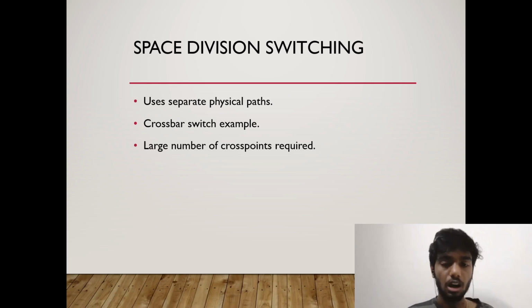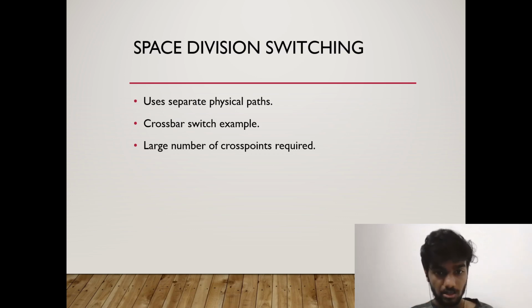Space division switching. It uses a separate physical path for each connection, which might be expensive, and it can lead to too many crosspoints. A crossbar switch is an example.